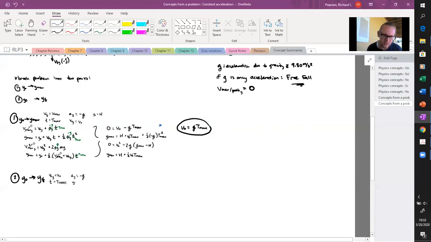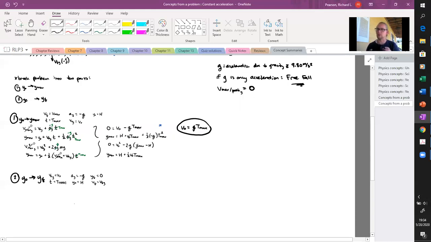Our initial height is h. Our final height is 0, because that's where we're referencing everything from. And we have some final velocity in the y. We don't know what that is.